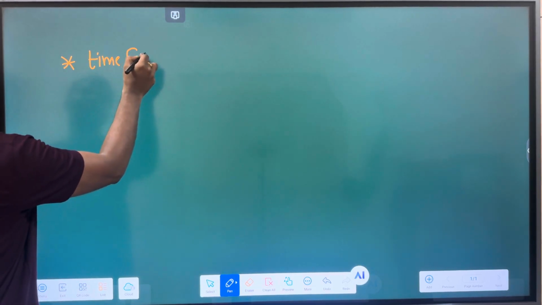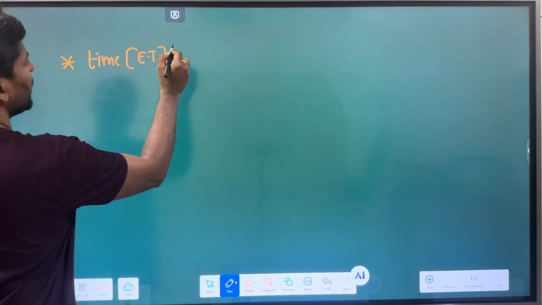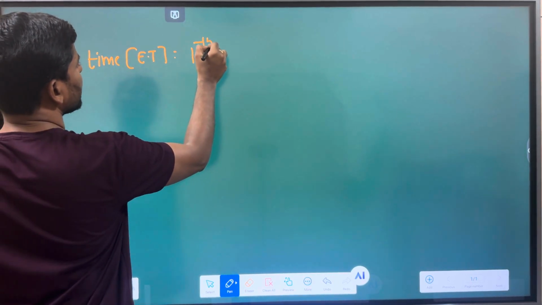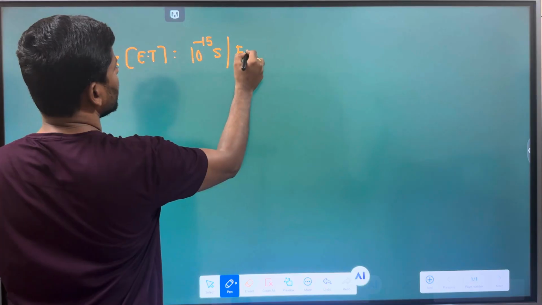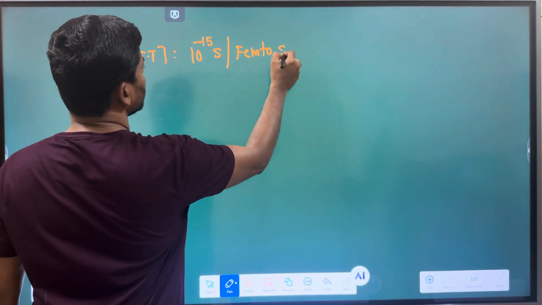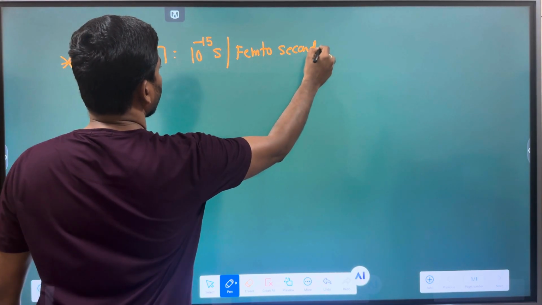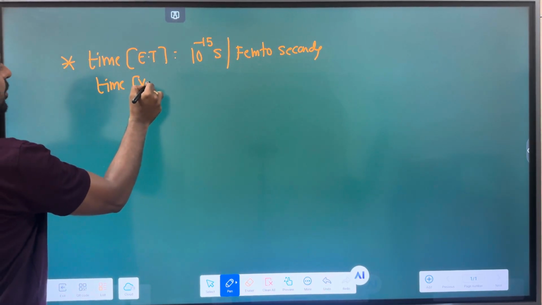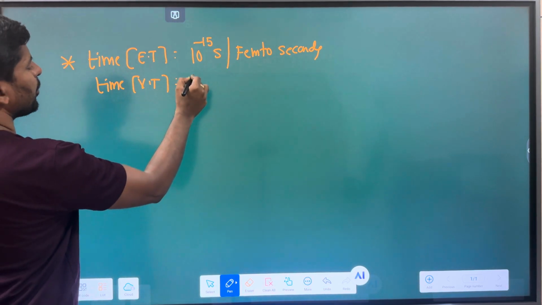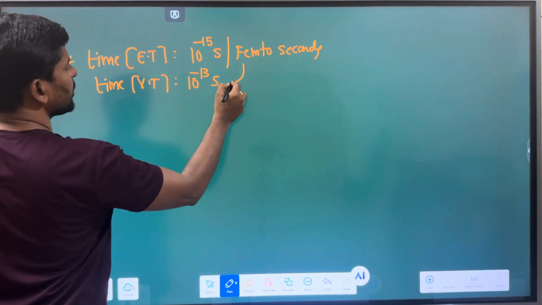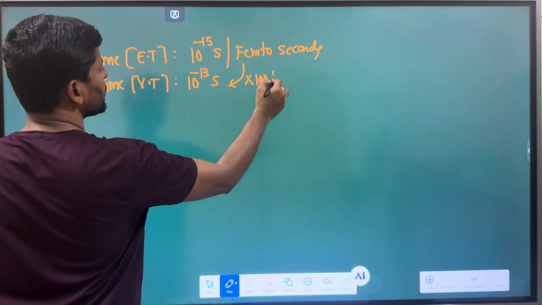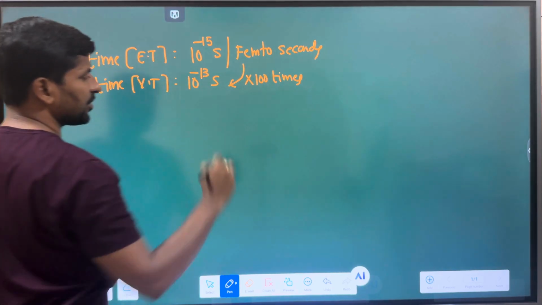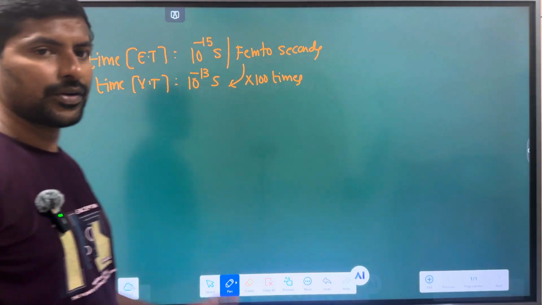Next one, what is the time required for electronic transition? The time required for electronic transition is 10 power minus 15 seconds, and this is also called femtoseconds. The time required for vibrational transition is 10 power minus 13 seconds, which means the time required is 100 times more. So vibrational transitions are slow compared to electronic transitions.